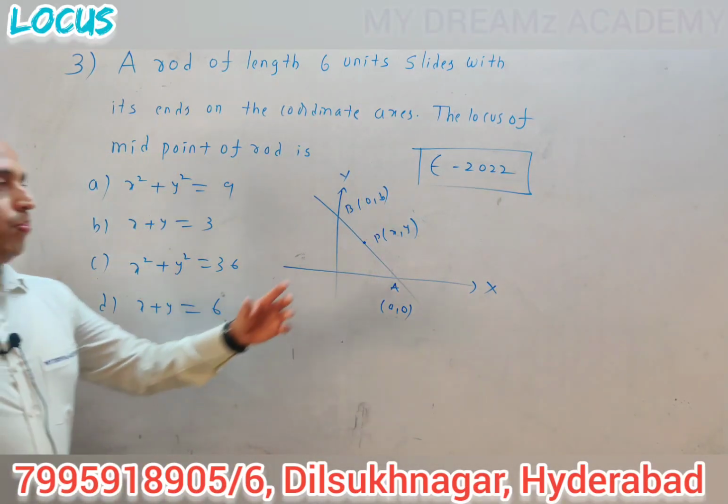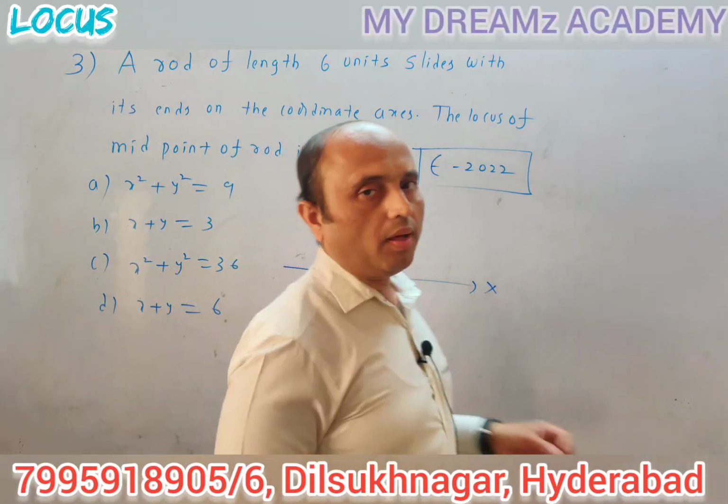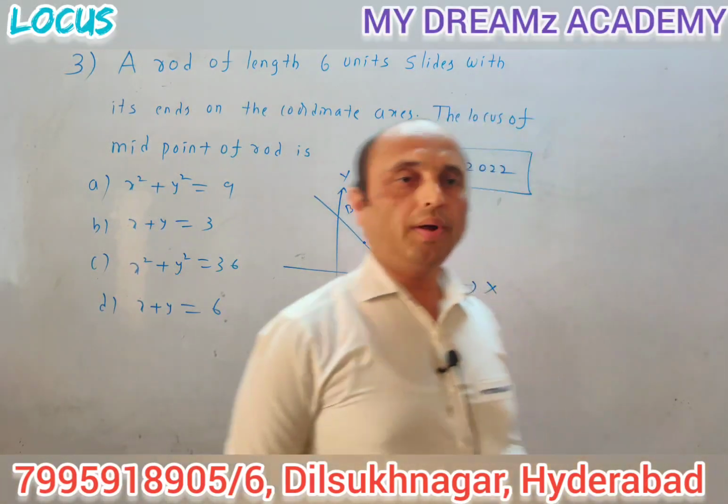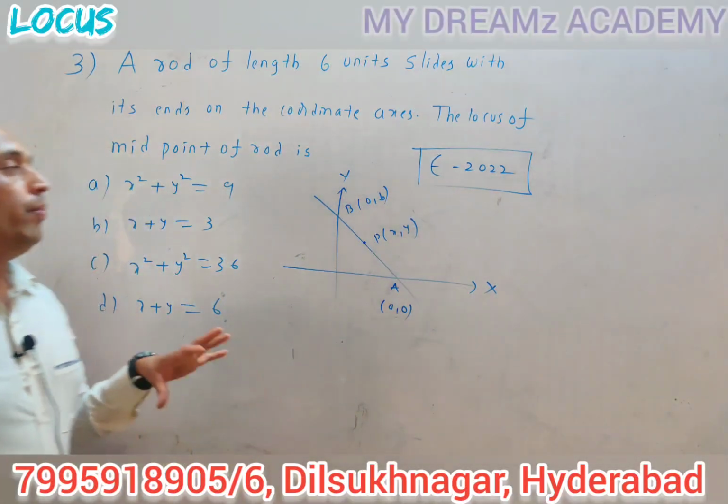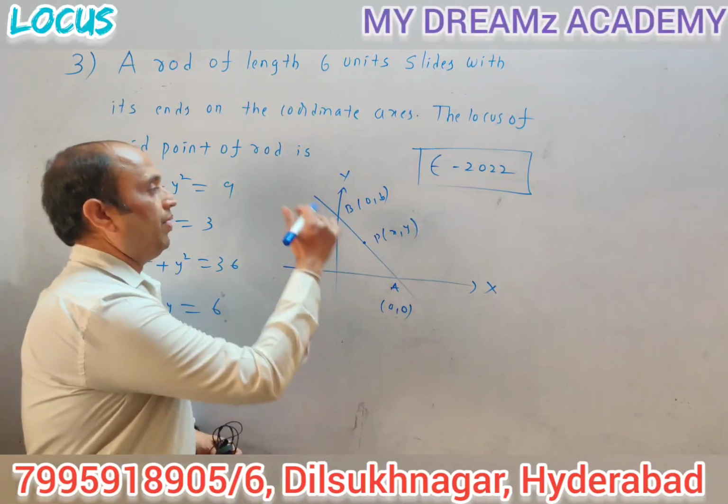Assume that P(x, y) is a point on the locus of the midpoint of AB.